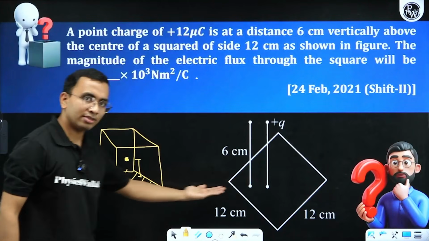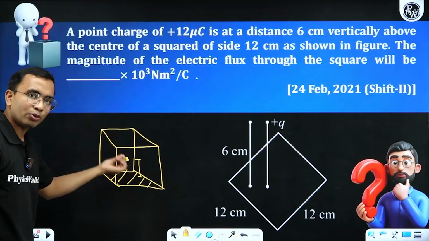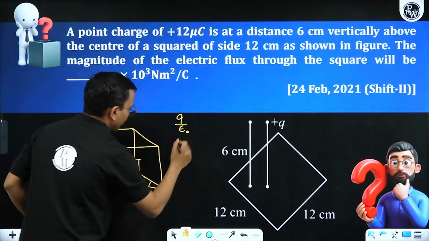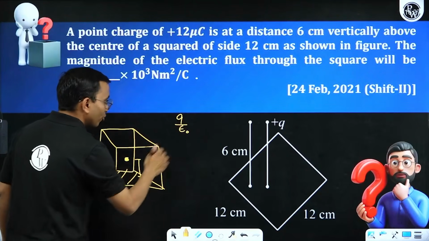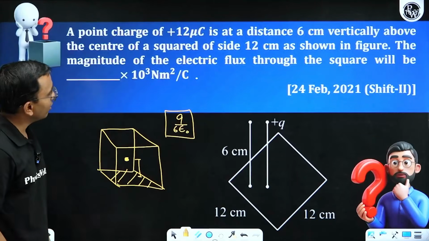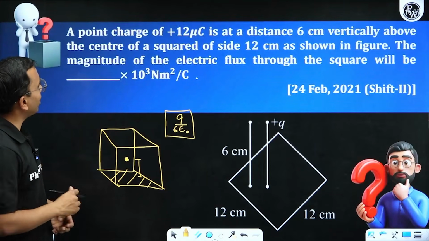Is it the same condition? Yes. Now this charge is placed symmetrically. Total flux is Q by epsilon naught. There are 6 faces, all are having equal flux. So from the bottom one, I will say it will be 1 by 6 of the total flux. Simple. Now I have to put the values.